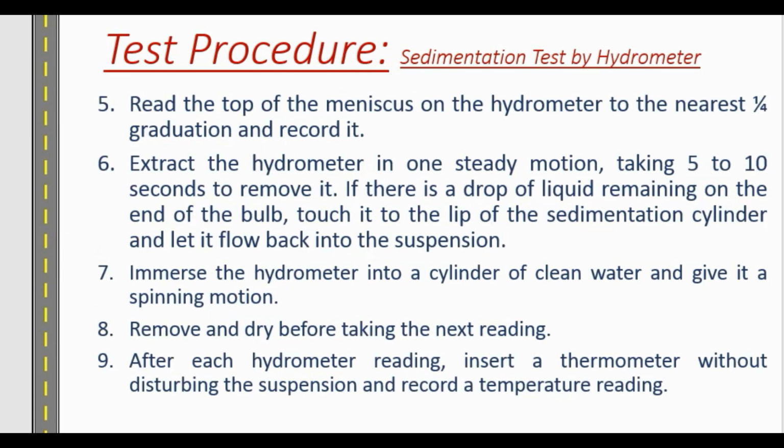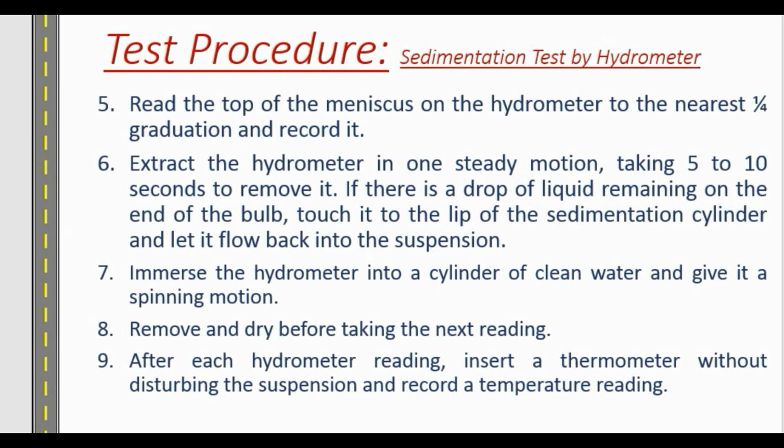Then read the meniscus on the top of the hydrometer as we discussed earlier; that reading will be used in the meniscus correction. Extract the hydrometer in a steady motion, taking 5 to 10 seconds to remove it. If there is a drop of liquid remaining on the end of the bulb, touch the lip of the sedimentation cylinder and let it flow back into the suspension.